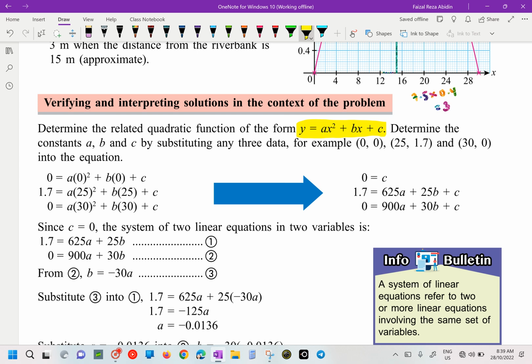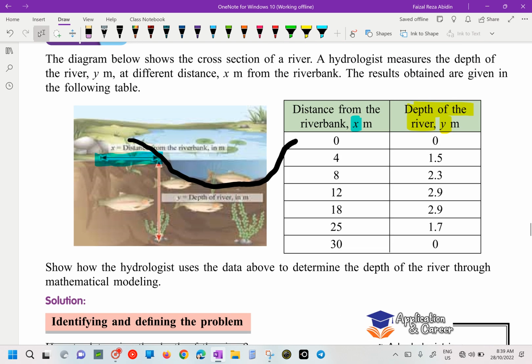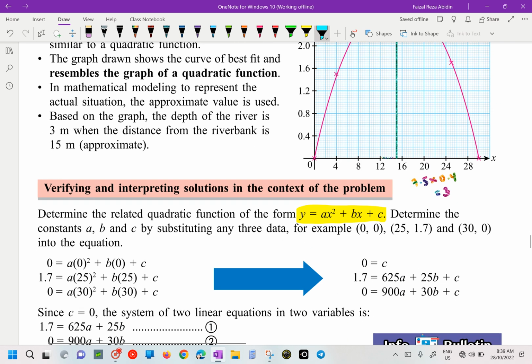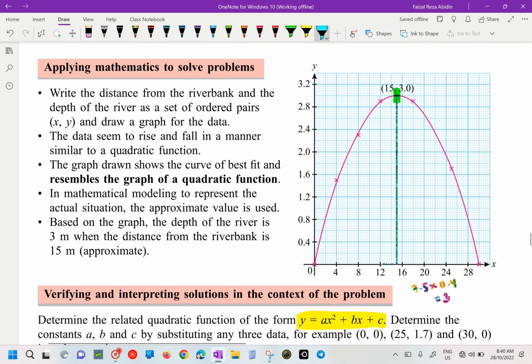Okay, the data: 0, 0, 25, 1.7, 30, 0. If you look here, take any of these. We got over here 3. 0, 0. Then it takes 25, 1.7 over here and 30, 0. x, y here. Okay, it takes those.